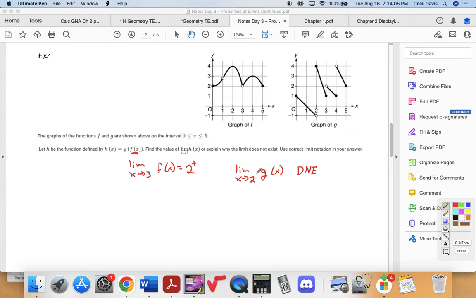So this now becomes not the limit as x approaches just 2, but the limit as x approaches 2 from the right. As x approaches 2 from the right, what does g approach? 4. The answer to this problem is 4. But it's tricky. But everyone understands how that trick works?